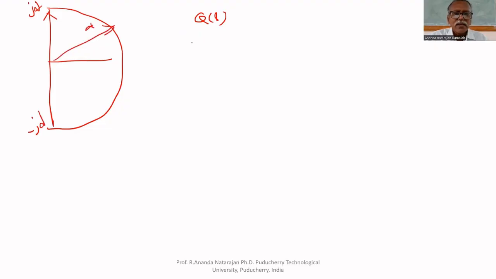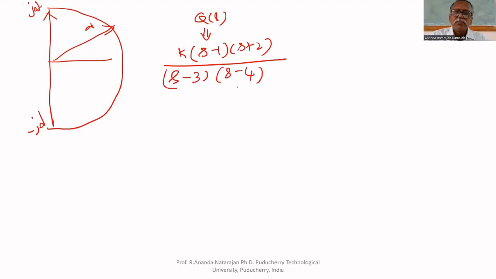I am selecting Q of S in such a way that K of S minus 1, S plus 2 upon S minus 3, S minus 4. One zero is at minus 1, and two poles are there, one at 3 and another one at 4.